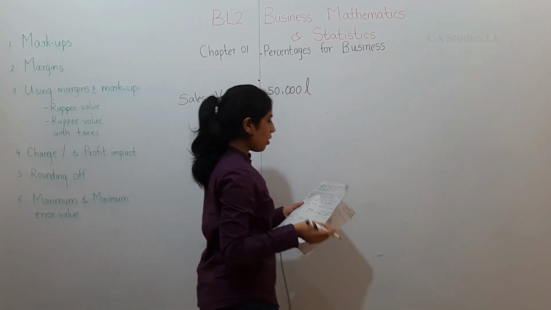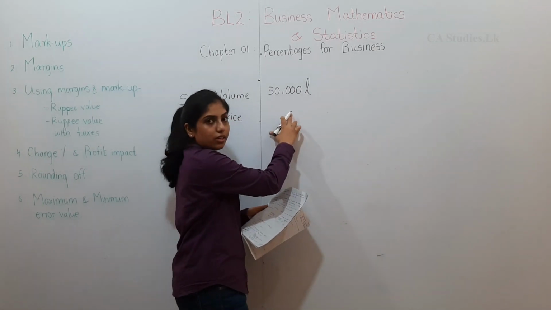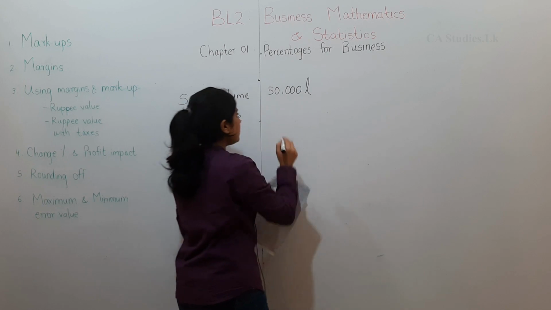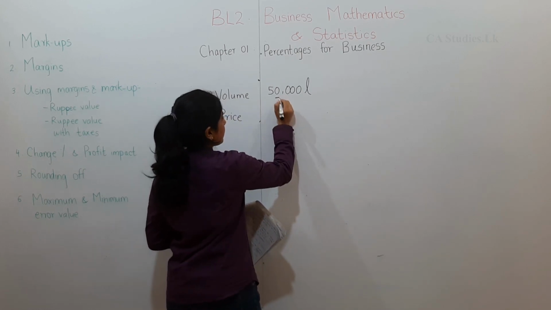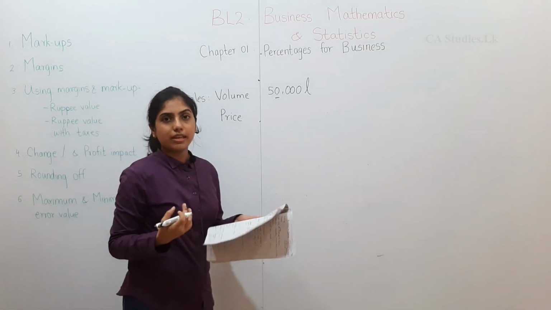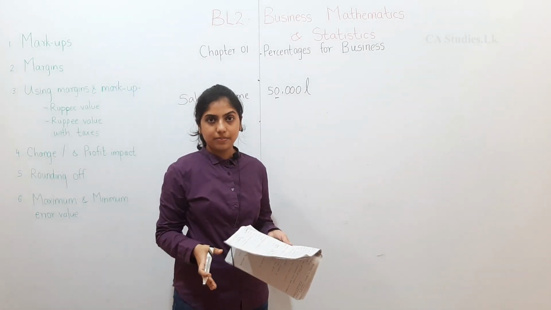It has been obtained after rounding off. So, how did they round off to the nearest 1,000? Now we are going to learn a new theory in maximum absolute error.